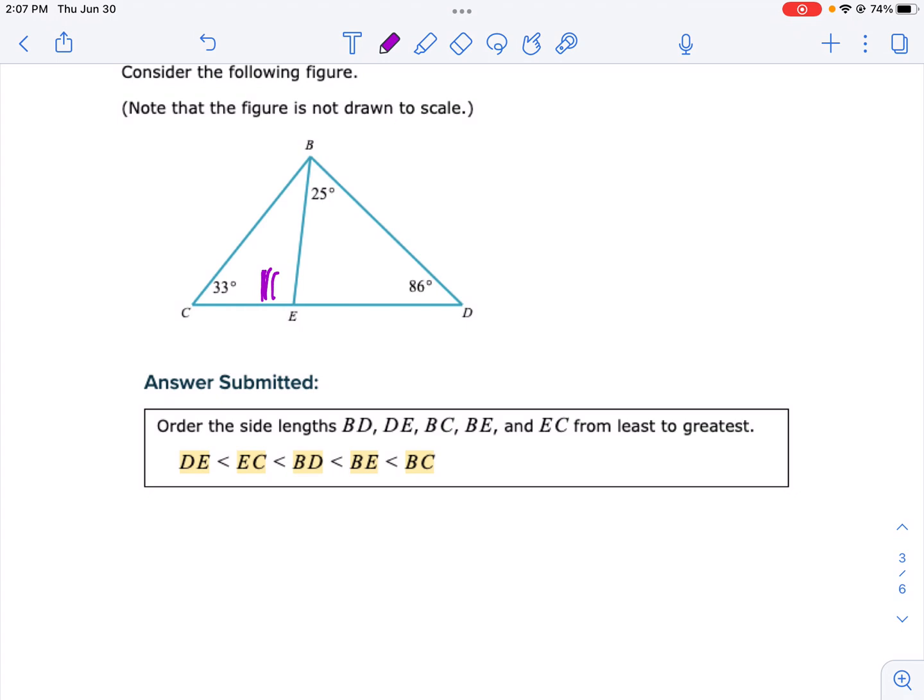Can't write 111 very well there. And then I know that makes angle E supplementary to that. So if you take 180 minus 111, we get 69 degrees right here.